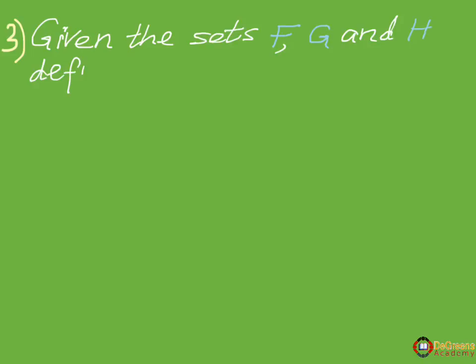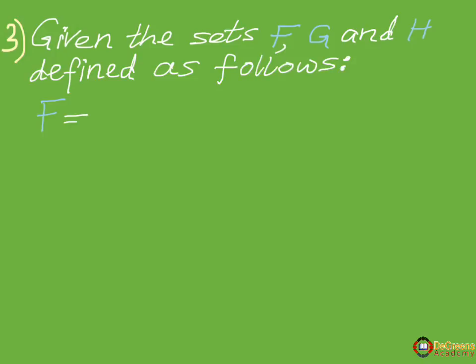The third example. Given the sets F, G, and H defined as follows. F is simply the set of factors of 24.